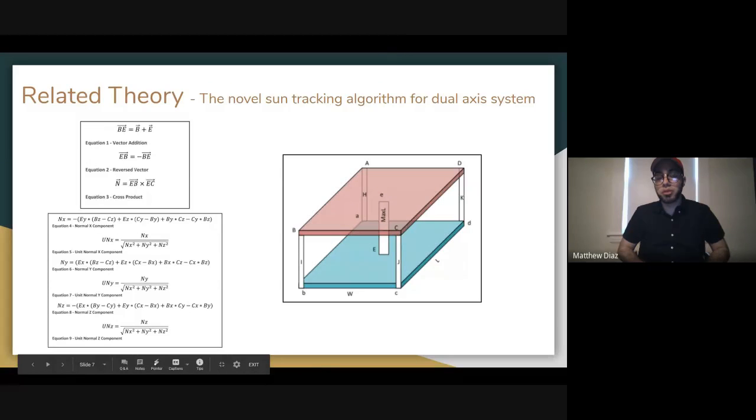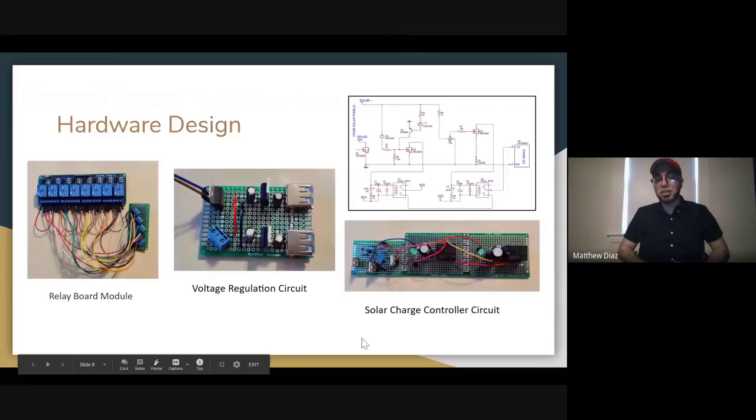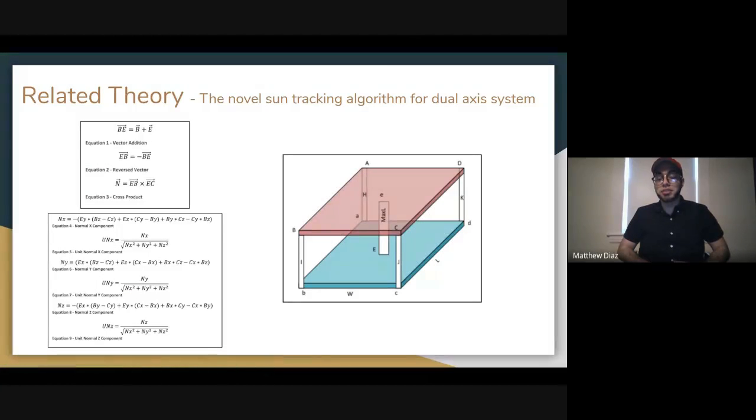This is the most important part of our algorithm because the normal vector has to be pointing directly to the sun so that we can have an angle of incidence of 0 and have the maximum output.